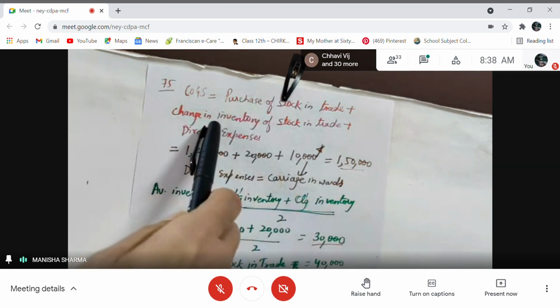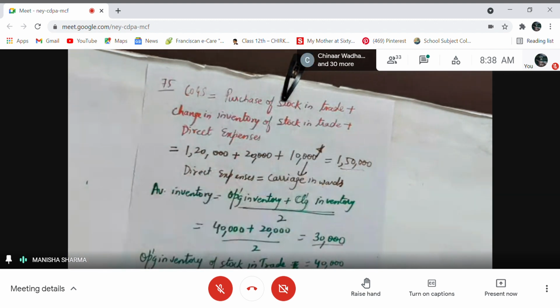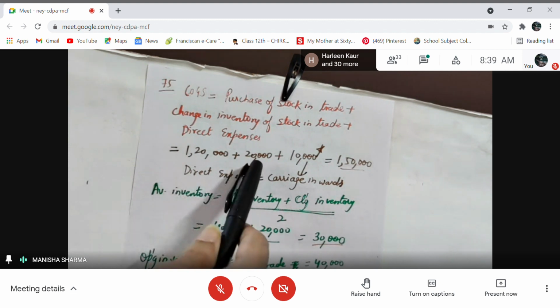The second item is change in inventory of stock in trade. You can see the second item under expenses, change in inventory of stock in trade, 30,000 is given to you, right? But you go down, change in inventory of stock in trade is given to be 20,000, right? So we write 20,000.